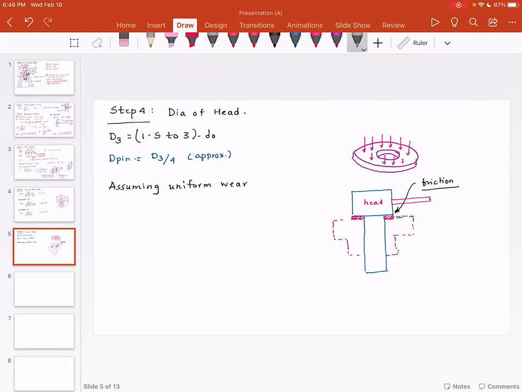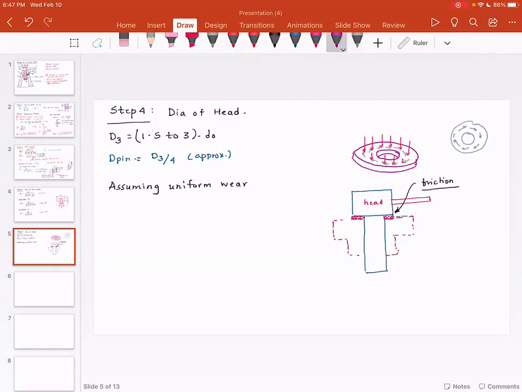What that means is you are going to have the frictional force, which is perpendicular to this normal force, along the surface. If you look from the top view, you're going to have these frictional forces all on the surface.